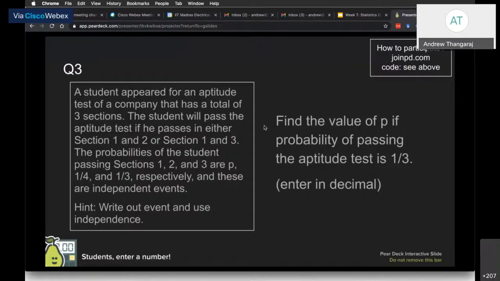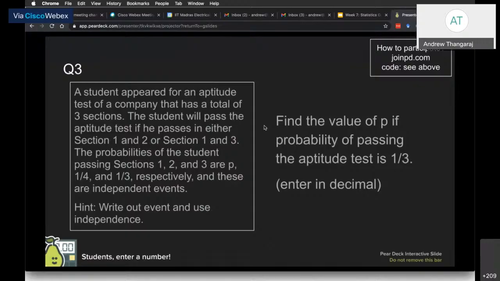So the rule is the rule, right? You can't violate the rule, and it's not always true that the AND event will be empty. Here is a case where somebody asked a question: can somebody pass all three? Yes, you can pass all three. It's possible. The events are given as P, 1 by 4, 1 by 3, and they're independent.